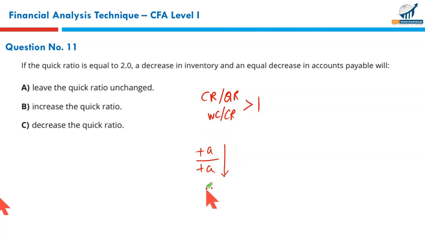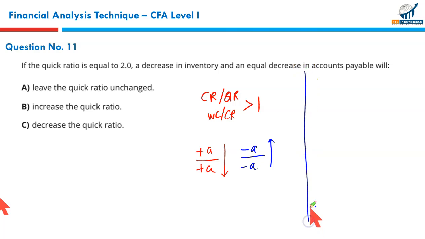Quick way, without computation, you can just give your result. All right. And if the same number is deducted from the numerator or denominator, the ratio would improve.